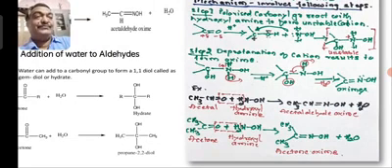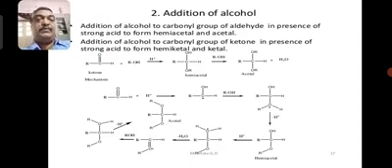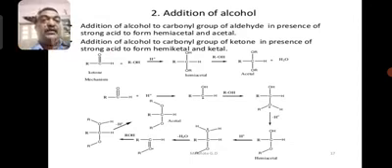Now let us move to the addition of alcohols. A very important concept. When an alcohol adds to the carbonyl group of an aldehyde in the presence of a strong acid, it is going to form a hemiacetal and finally an acetal.